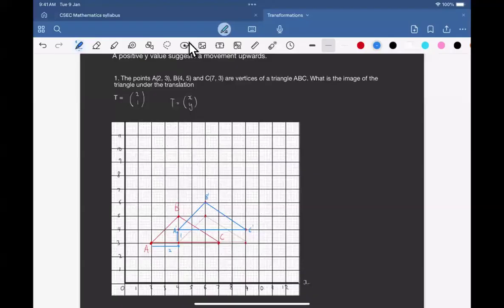Find it? Well, I found one from my past paper. Oh, I could use that.